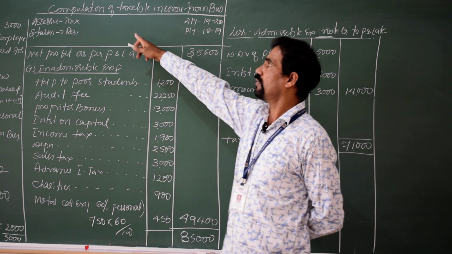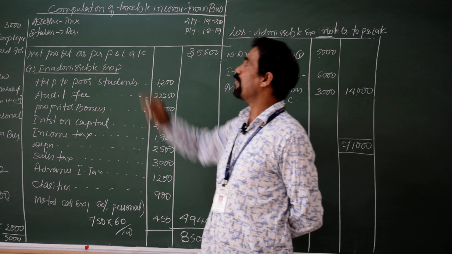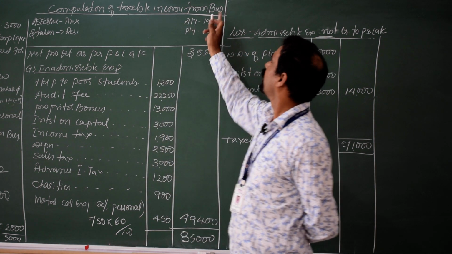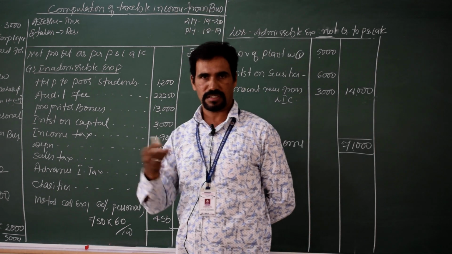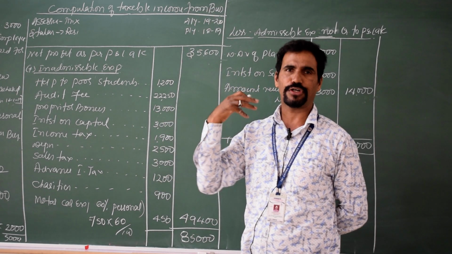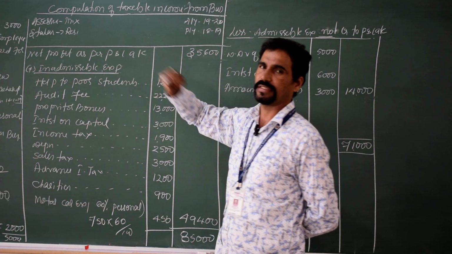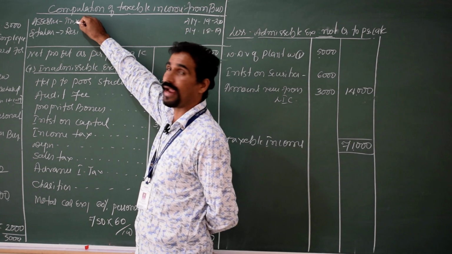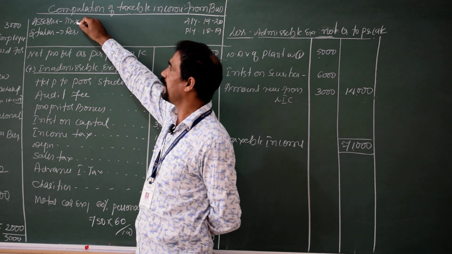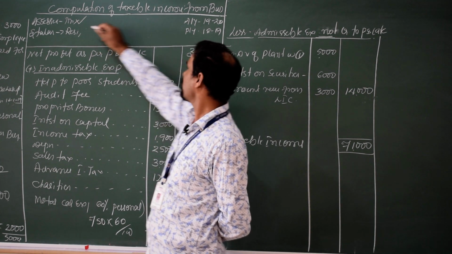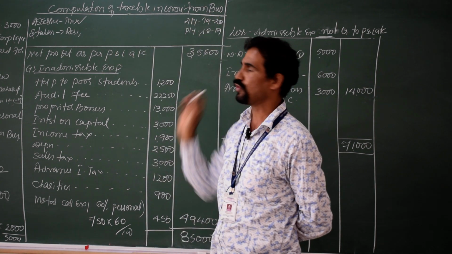How? So, as per the income tax rules, computation of taxable income from business or profession or salary or capital gain, whatever it may be, you should write the heading. In the same way, it is mandatory for income tax, you should follow the assessee and status of residence, assessment year and previous year also, no problem.